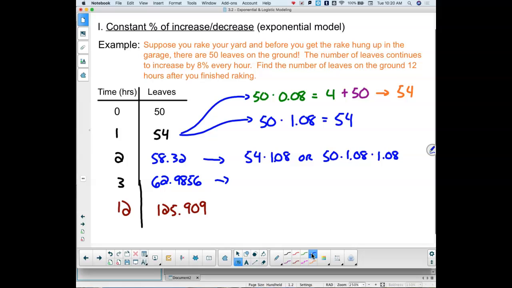Which 58.32 was 50 times 1.08 times 1.08. So then this would be 50 times 1.08 to the third power. Right? Which means this one down here would be 50 times 1.08 to the 12th power.